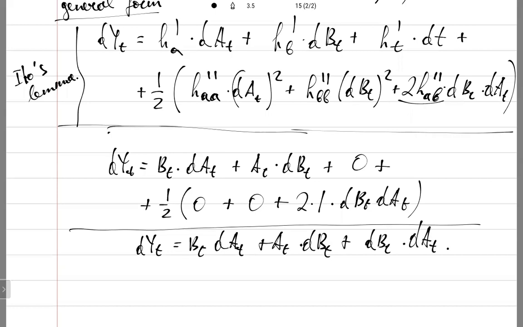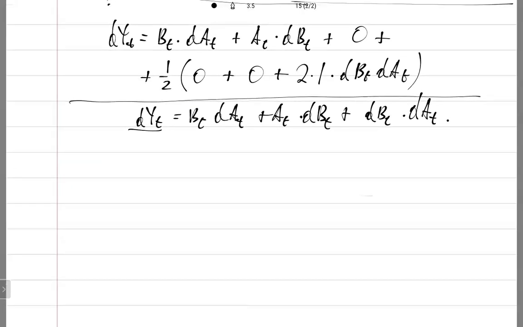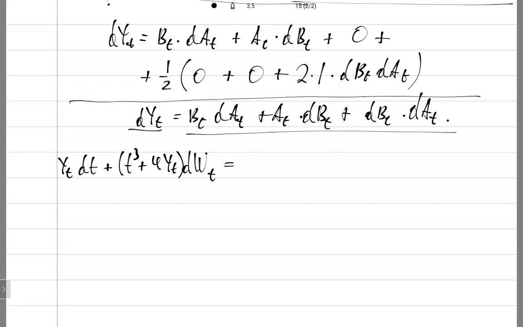Okay, so now let's plug in everything we know. What is dyt? According to our original equation, dyt is just yt dt plus t cube plus 4yt dwt. What happens there? It's bt times, what is dat?